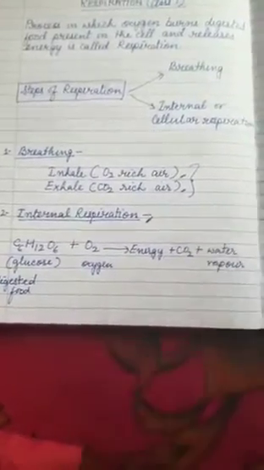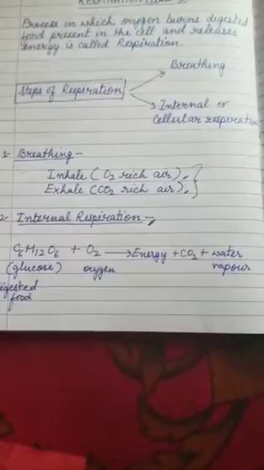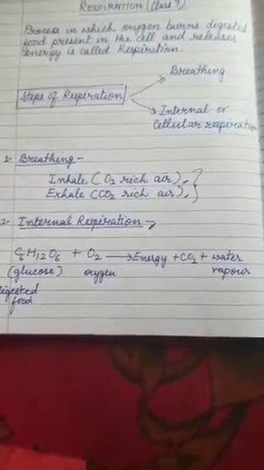But the second step, which is known as internal respiration, is also called cellular respiration. This respiration is called cellular respiration because it occurs within the cell. So what happens when digested food goes to each and every cell?